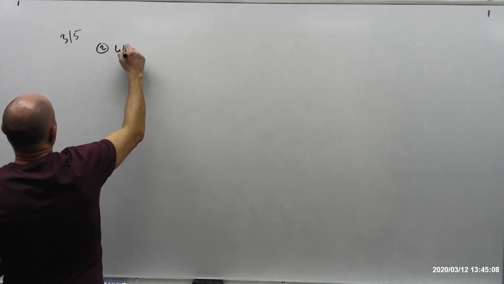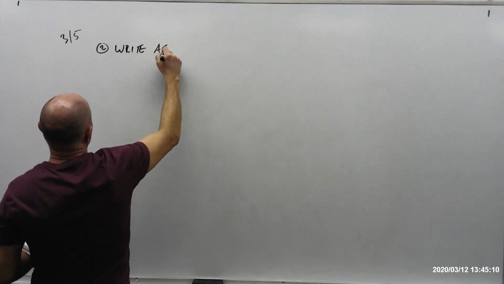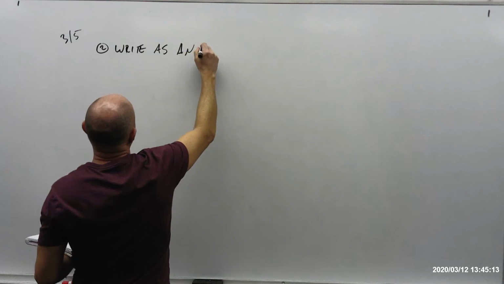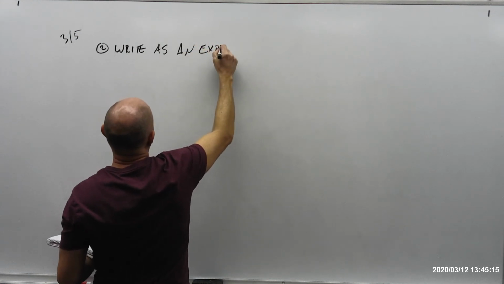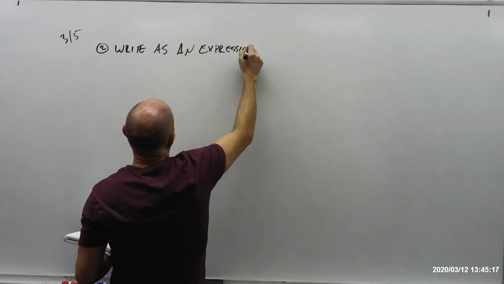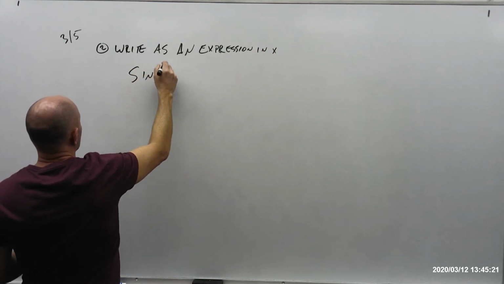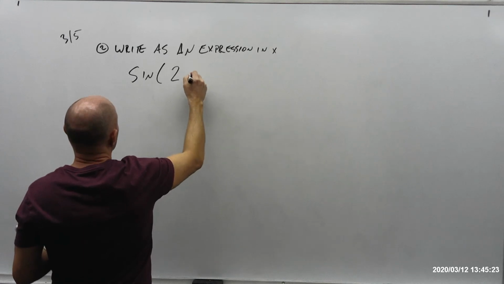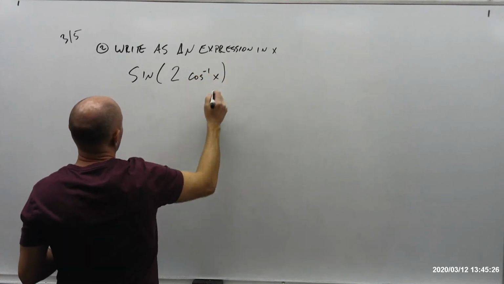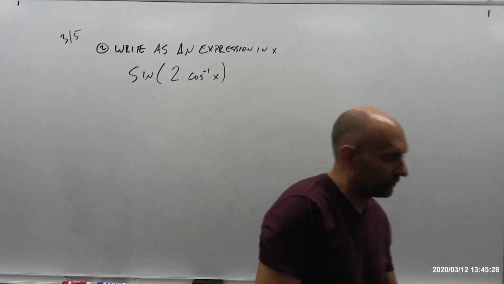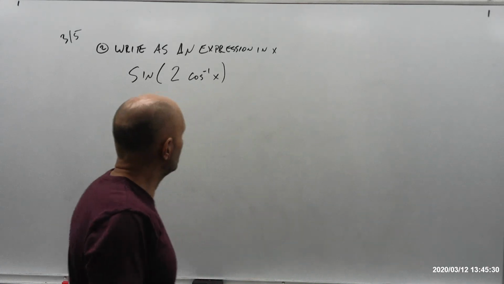So, write as an expression, I know what he's talking about. This is build a triangle in just x. And what we're given is sine of 2 cosine inverse of x. So this is our final type of build a triangle.